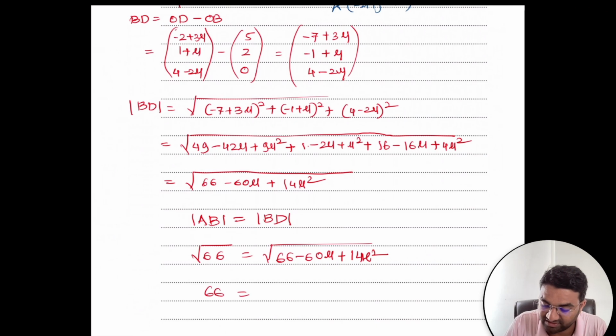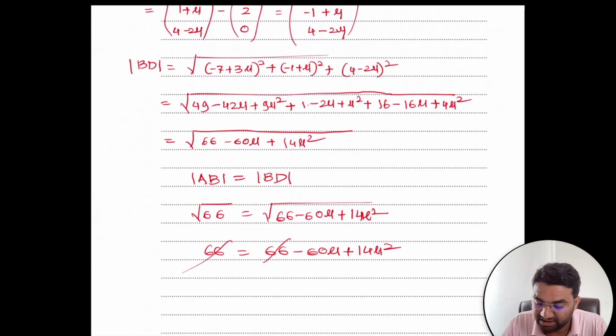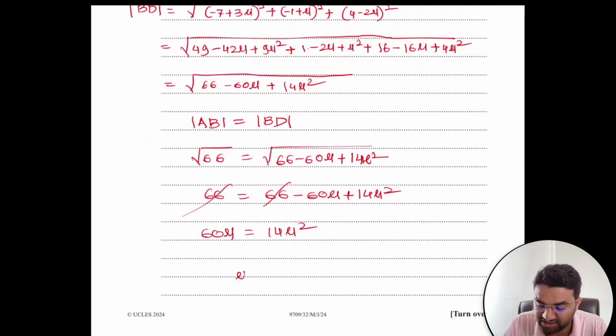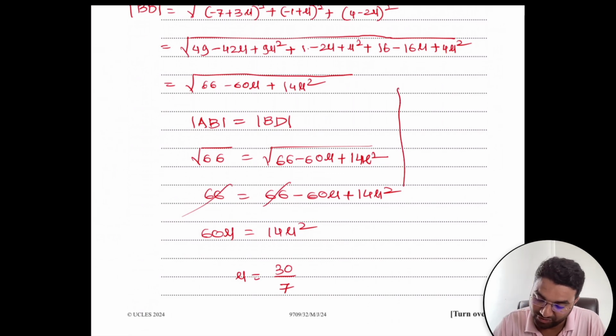So it will be 66 is equal to 66 minus 60 mu plus 14 mu squared. 66 gets cancelled out. Take mu common and transfer 60 mu to the left hand side along with 14 mu squared, and simplifying, you will get mu equal to 30 over 7. So this is how you find the mu part.